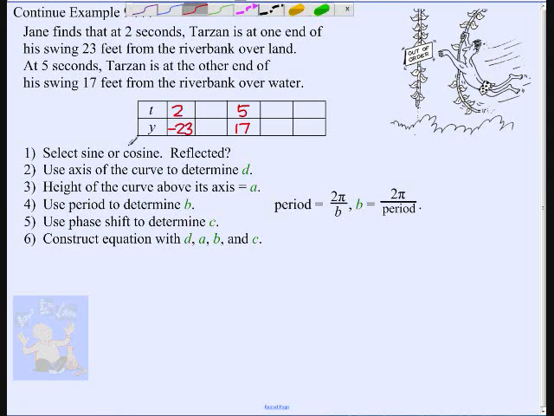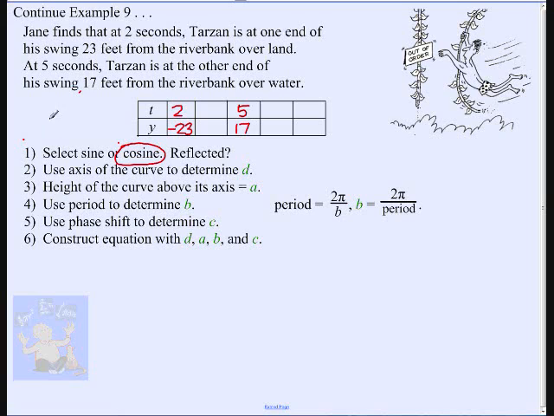So I'm going to select cosine because what I'm seeing I have is a negative 23 here, a positive 17 here, and we're going to have to come back to negative 23 to end the cycle.